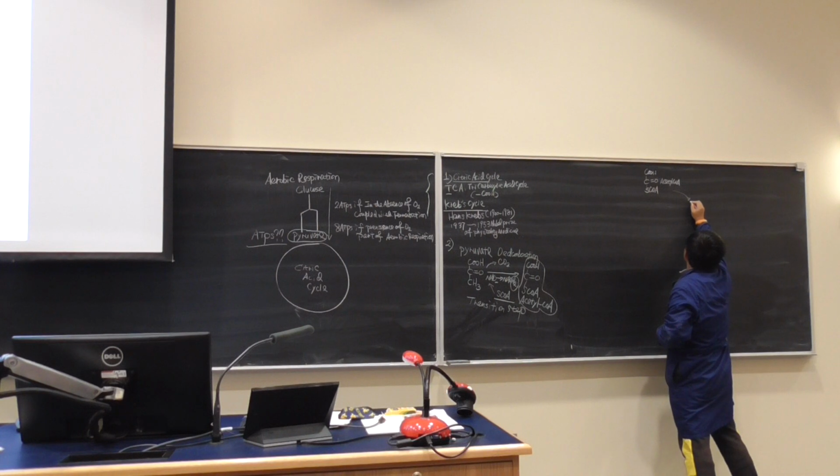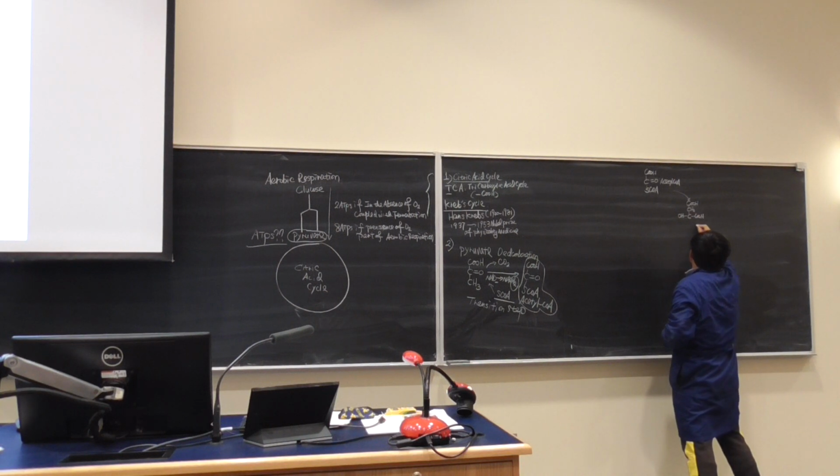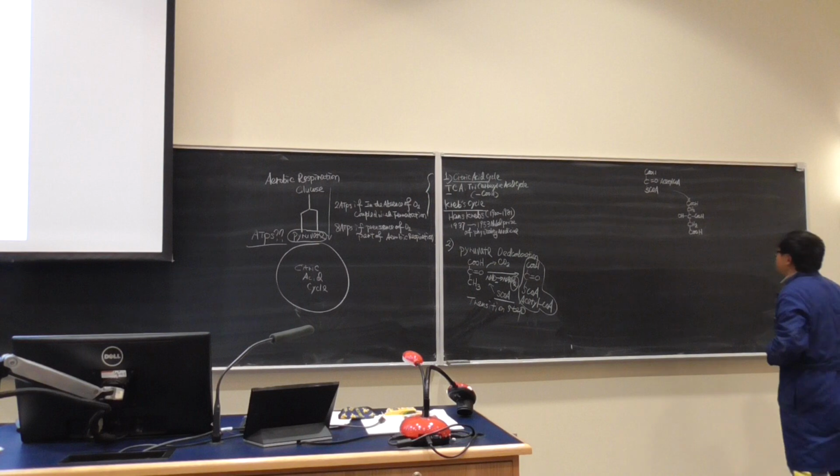Citric acid: what is citric acid? COOH, CH2, COH, COOH, and then we go here, CH2 and COOH. This is citric acid.